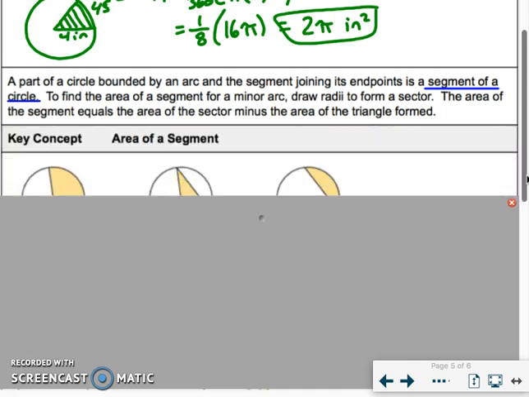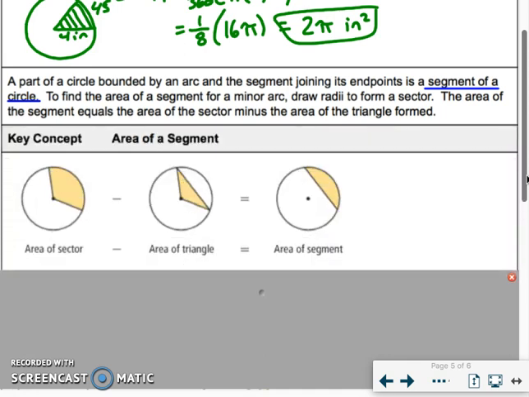A segment is going to look like this third one here. We have just basically a segment going through the circle. The segment of the circle is the area made by this segment going through and the arc that's bounding it. So that's what a segment is.